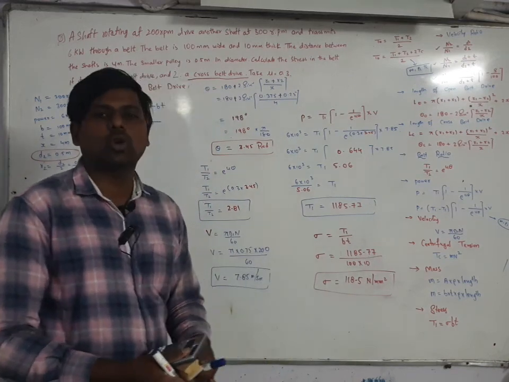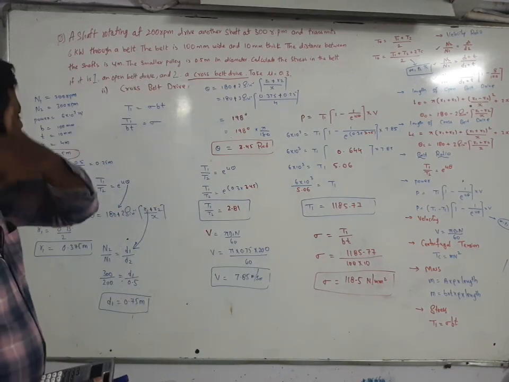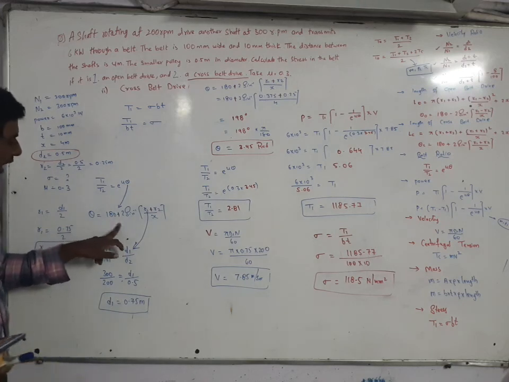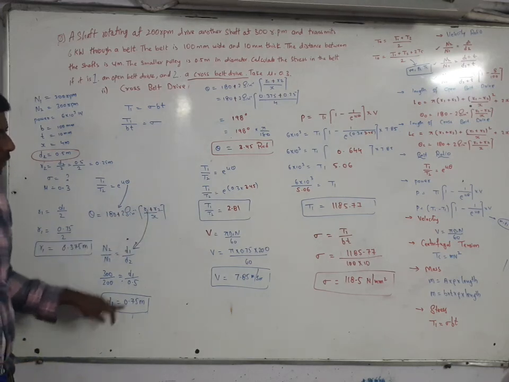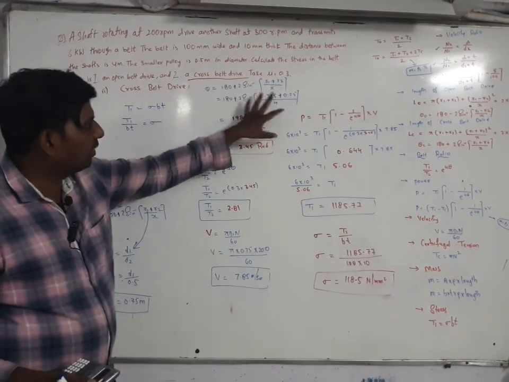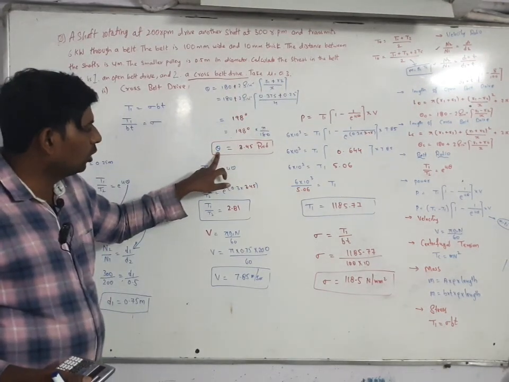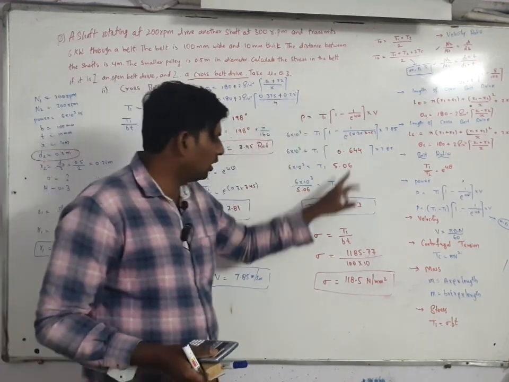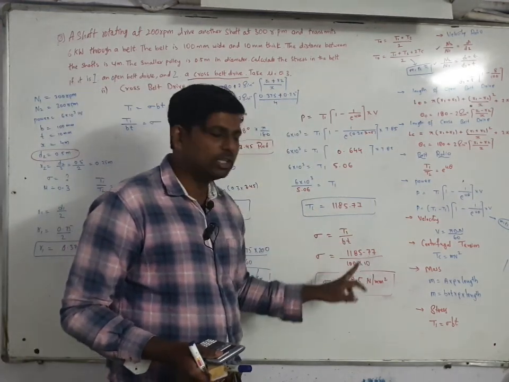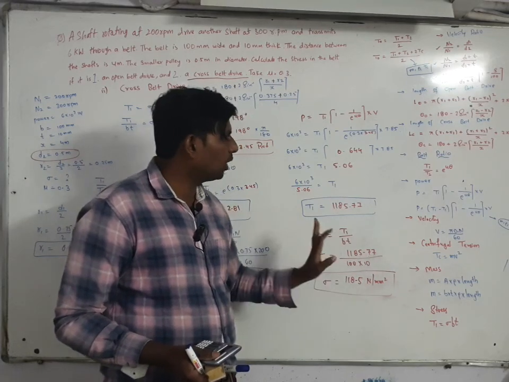So whenever a cross belt is given in your question, here you have to make it plus and here also you have to make it plus. From this you will get the value of d1 and theta. Wherever the minus is there, you have to convert it. This is the belt ratio, this is the velocity, this one is T1 and this one is sigma, 118.5 Newton per mm square.